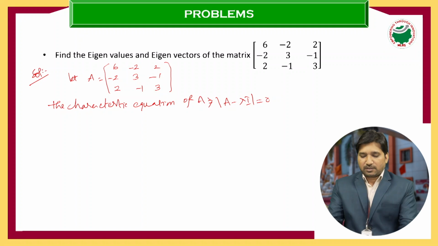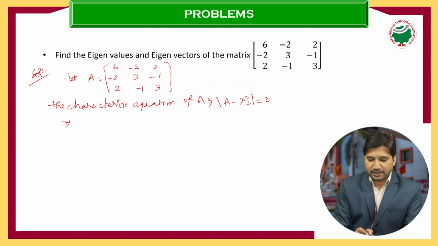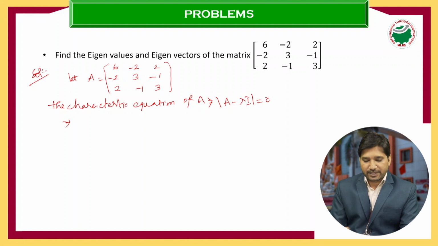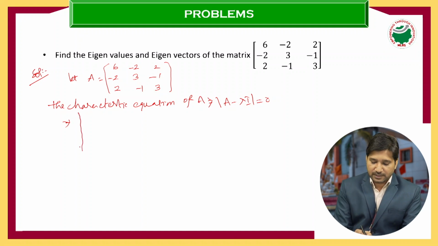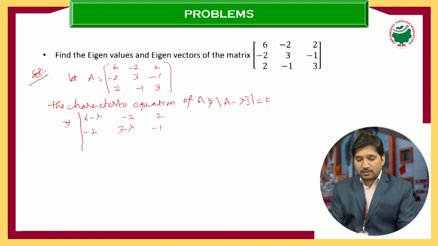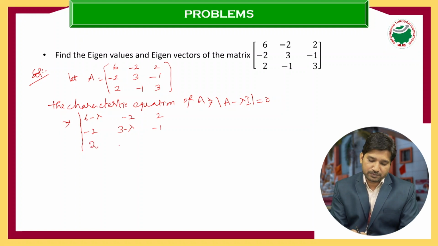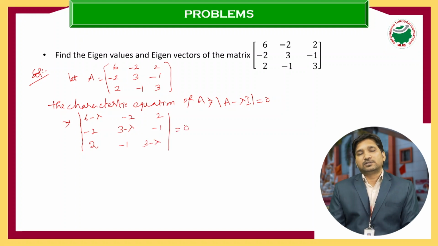So we can write the determinant of A minus lambda I, that is, det of [6 minus lambda, -2, 2; -2, 3 minus lambda, -1; 2, -1, 3 minus lambda] equal to 0.